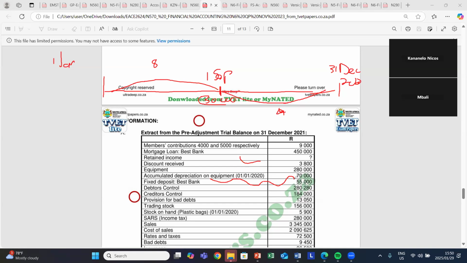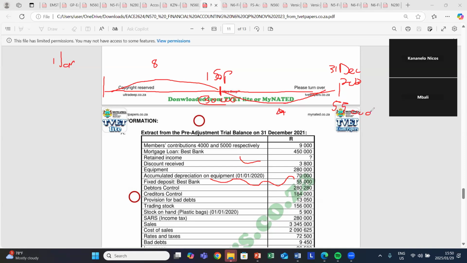So our fixed deposit at the end of the year was 55,000 rand. At the end of the year, we had invested 55,000.